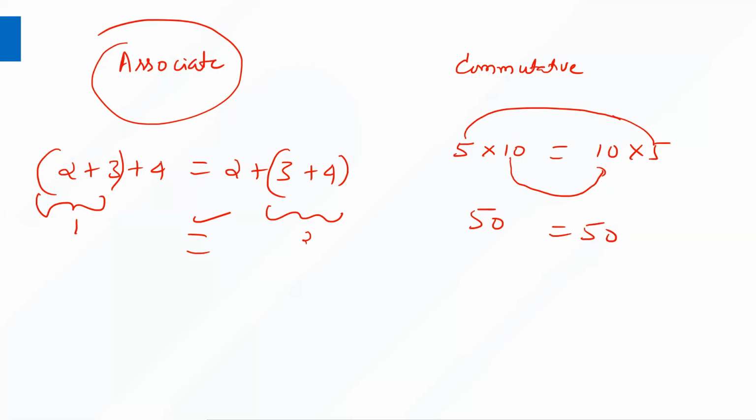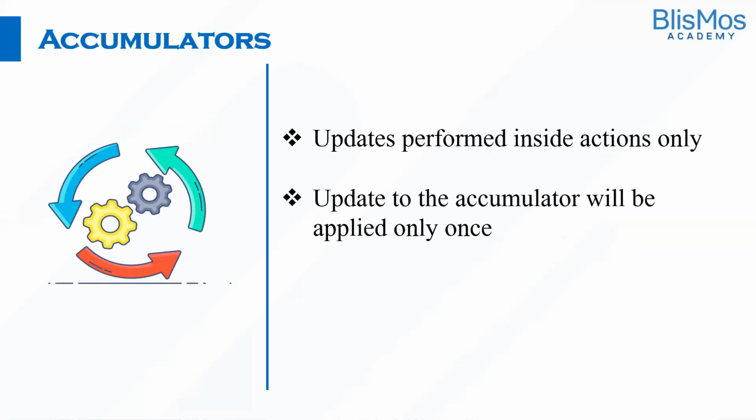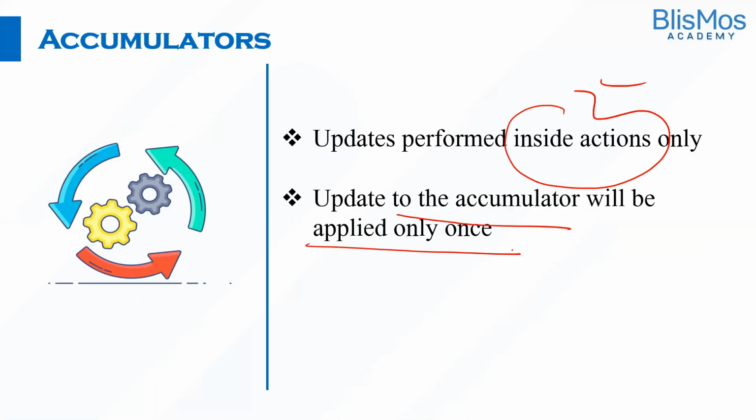But why is it so important to have the associative and commutative property for the accumulator variables? We'll see that. For accumulators, updates are performed inside the actions only. Spark guarantees that the accumulator update will be applied only once.